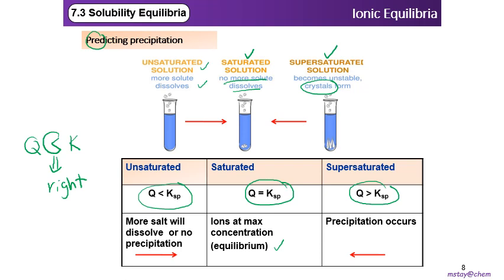So when we write the chemical equation, for example, AgBr solid reversible to Ag plus aqueous and Br negative aqueous, when it moves to the right side, more salt will be dissolved and no precipitate will be formed because they are in the aqueous form.